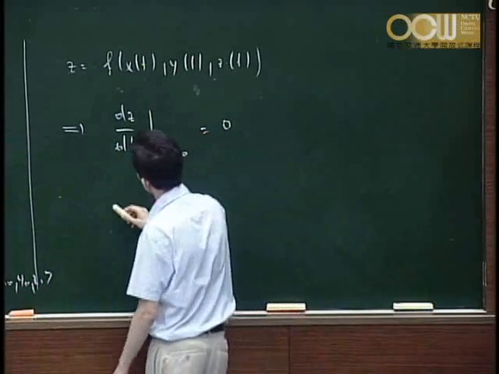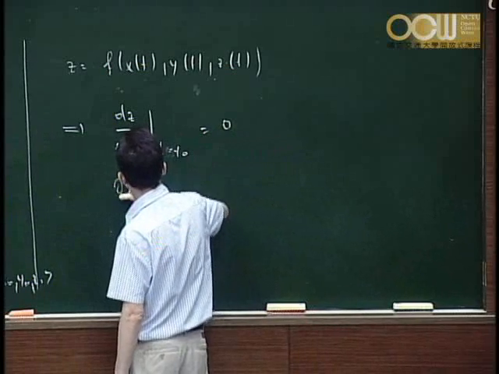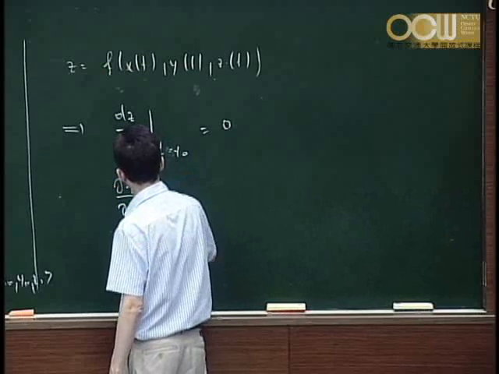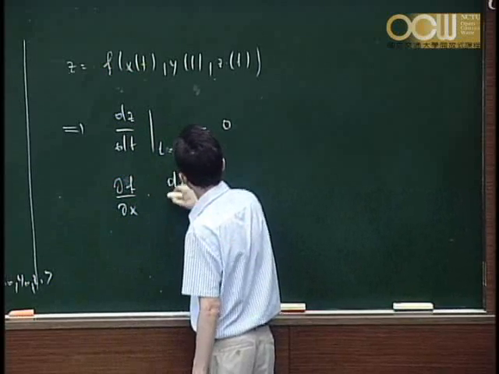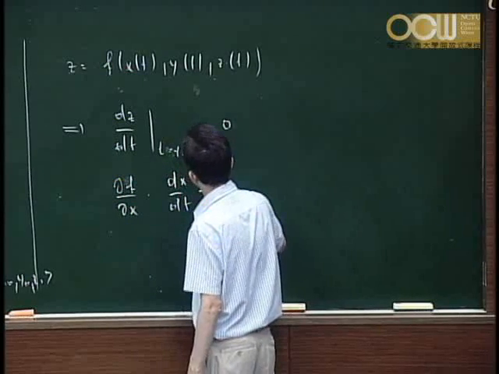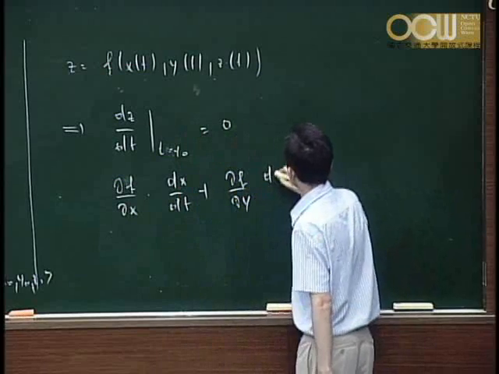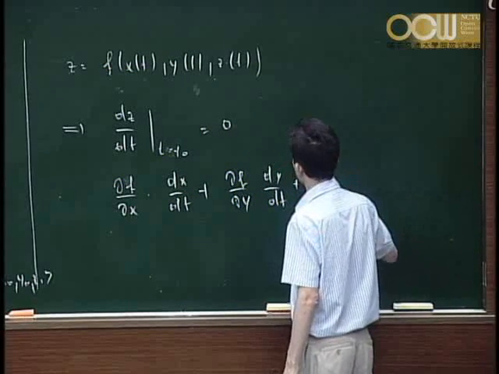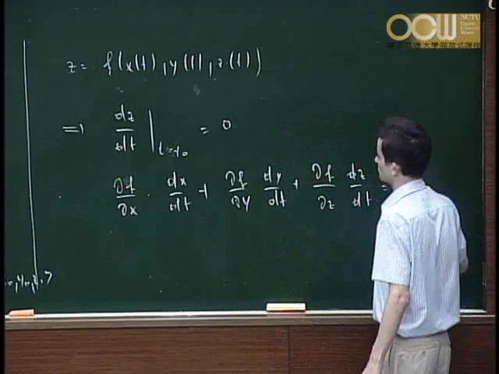But this derivative you can compute by the chain rule. So you see that you have the partial derivative of f with respect to x times dx over dt, plus the partial derivative of f with respect to y times dy over dt, plus the partial derivative of f with respect to z times dz over dt, equal to 0.